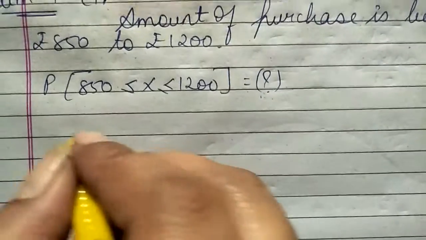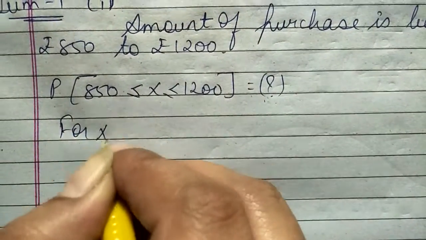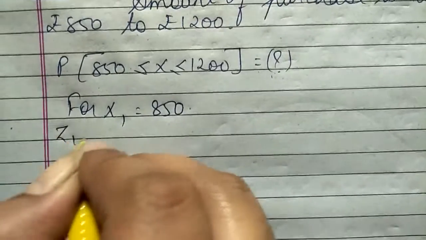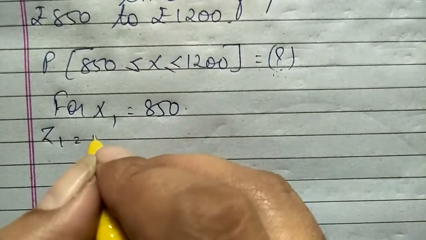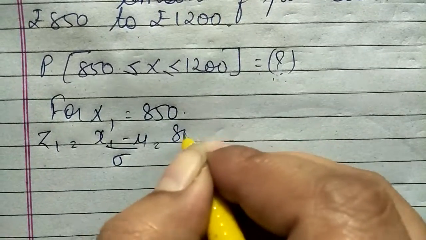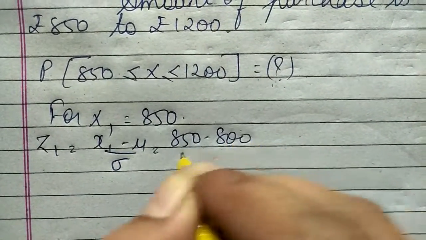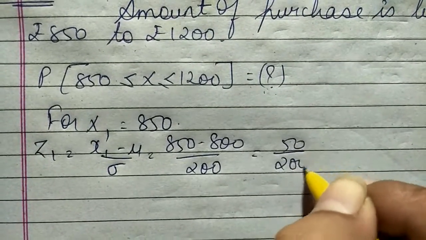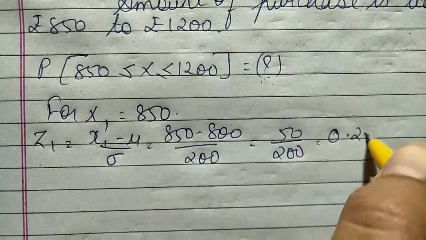For X1 equal to 850, Z1 is equal to (X1 minus mu) upon sigma, that is (850 minus 800) upon 200. The answer comes to 50 upon 200, that is 0.25.